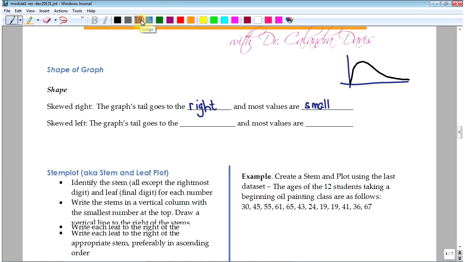Well, if we have something that's skewed to the right, there's going to be something that's also skewed to the left. So something that's skewed to the left may look something like this. So the graph's tail is what will be going to the left if it's skewed to the left, and most of the values happen where the peak is, and we see that that is larger.